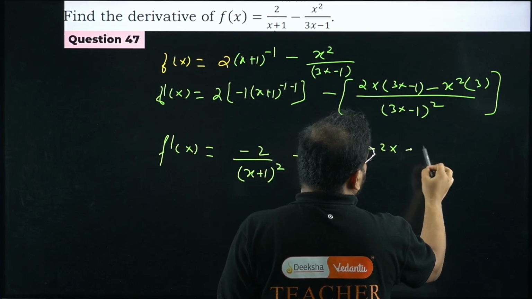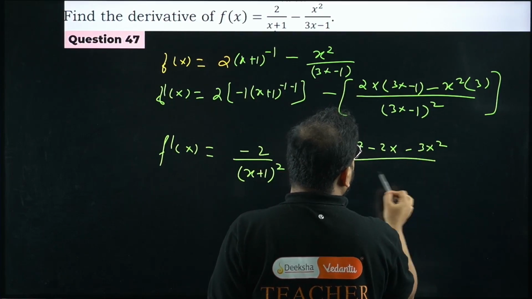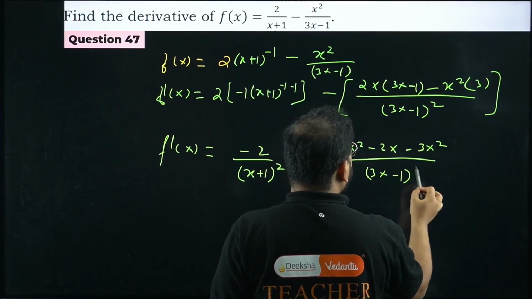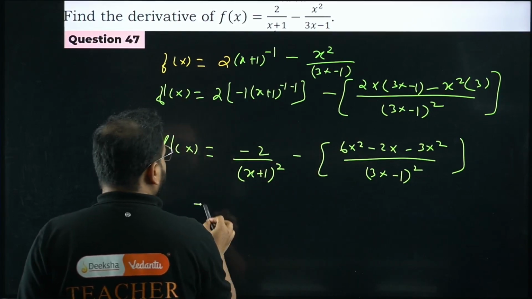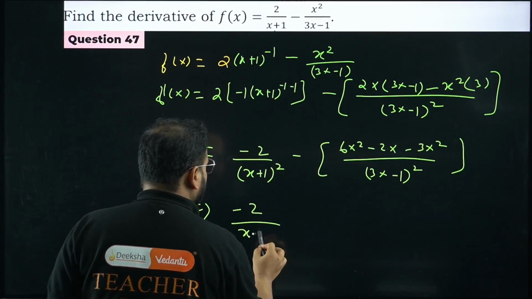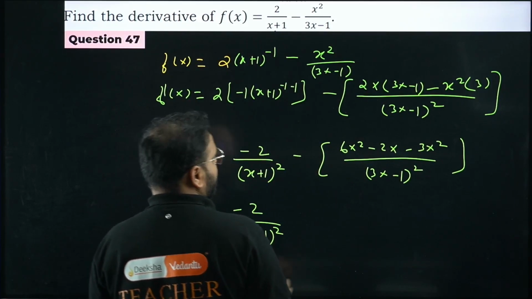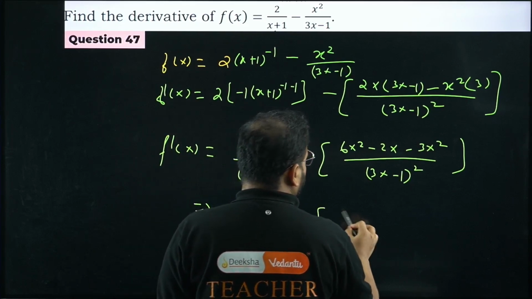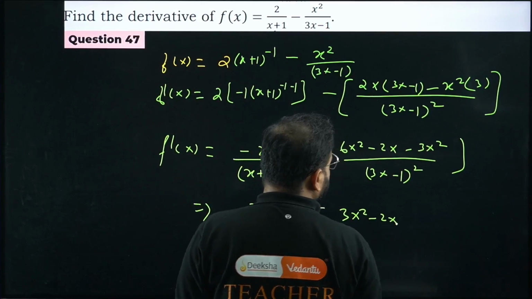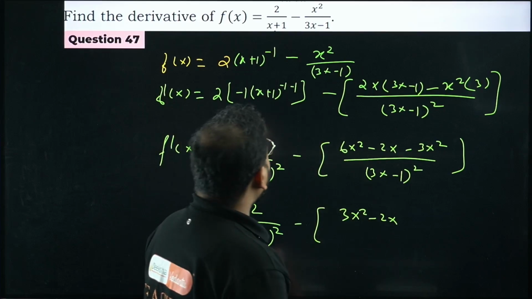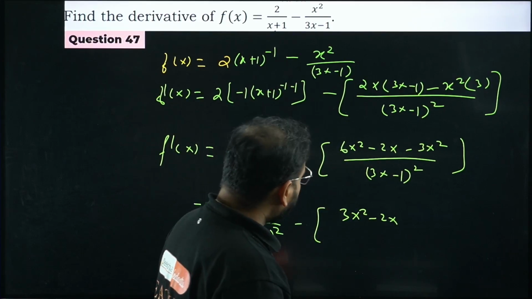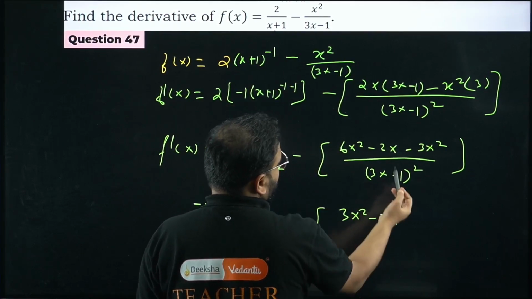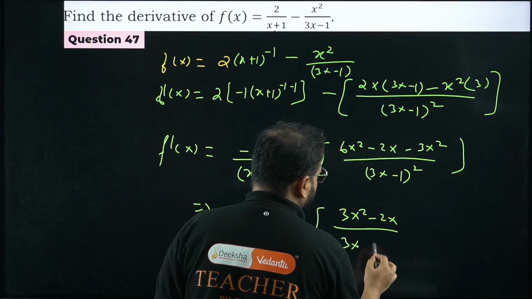Okay, and minus 3x square divided by 3x minus 1 the whole square. Simplify this, you're going to get this answer as minus 2 upon x plus 1 the whole square minus 3x square minus 2x. 6x square minus 3x square is, how much? Will be minus 3x square minus 2x by 3x minus 1.